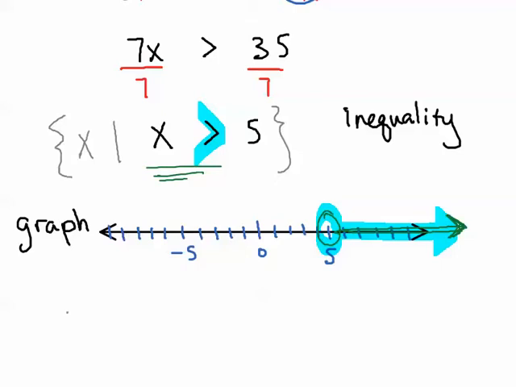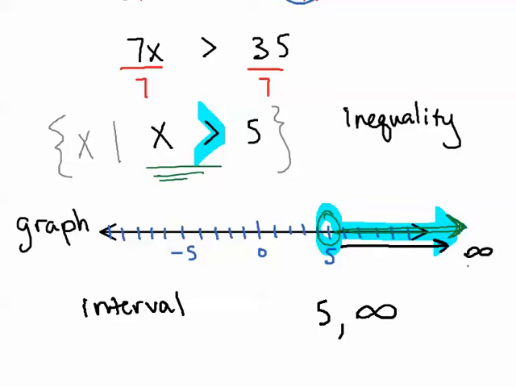And now I wanted the last one, which is the interval notation. The interval is going to start from, we read it from left to right just like we read the graph. So we're going to start from our endpoint 5, and we're going to go as big as we want. Those are all numbers greater than 5 when we think about going this way. Keep in mind, infinity is not an actual number, so we say we can't actually include that endpoint, or that side of the interval.